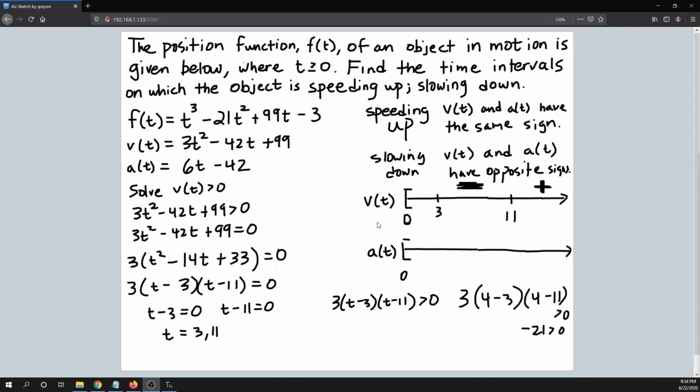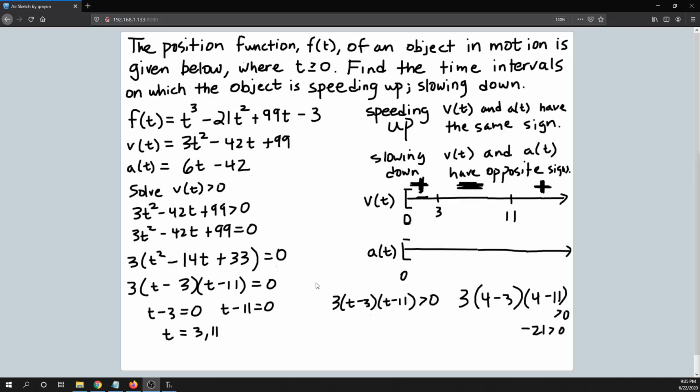If I plug the 0 into this inequality right here, I'm going to get 0 minus 0 plus 99. So I get 99 is greater than 0. So that will be a plus on that interval as well. So I put a plus there, meaning that if I take any number to the left of 3 and plug it into the velocity function, I'll get a positive number.